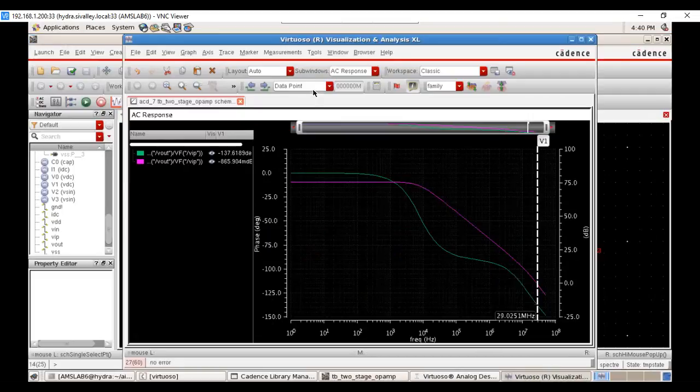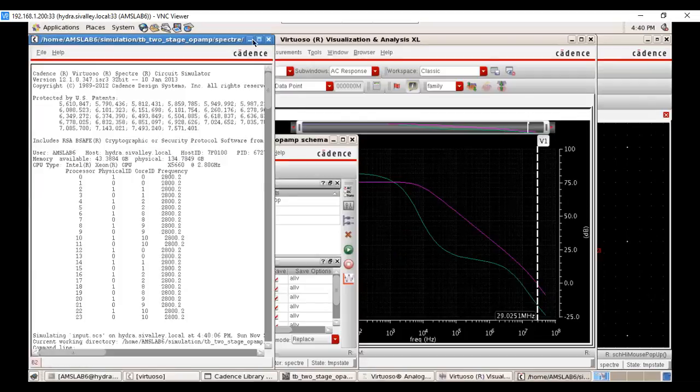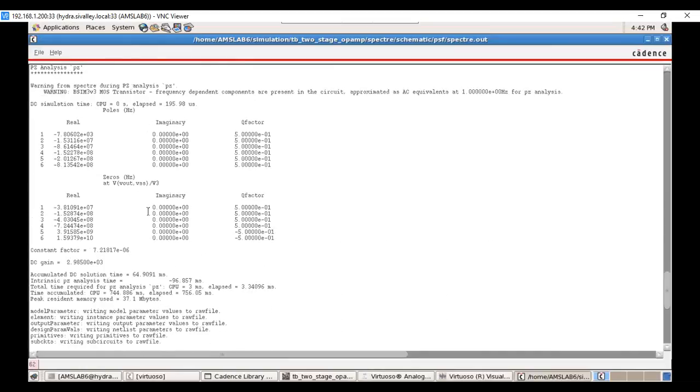Let's see the log plot where it will show poles and zeros. So there is a pole at 7.8K, and there is a pole at 15.3 megahertz. Okay, and there is a zero at 38 megahertz. So I have to cancel out this zero.